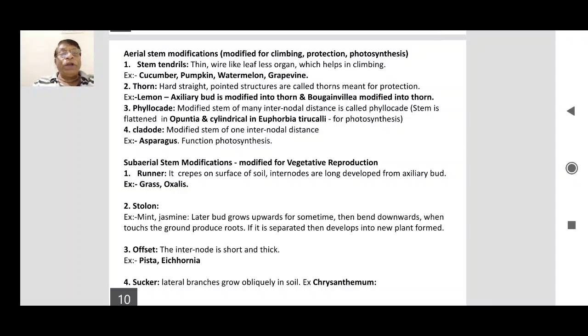It may be modified to give support or climbing. It may be modified for protection, or even it may be modified to take part in photosynthesis, etc. Okay. Now we shall see one by one.